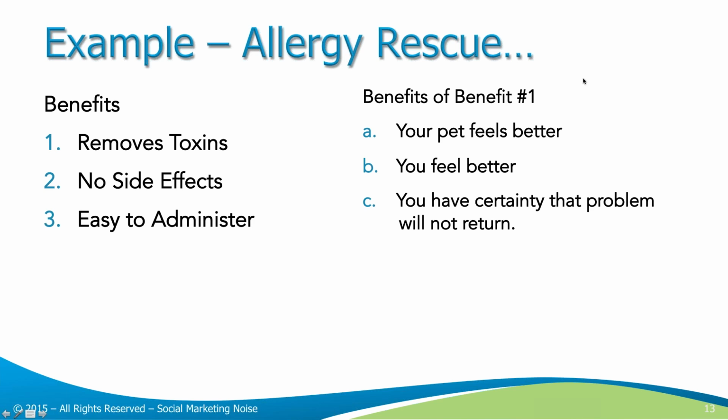These are all three benefits of the benefit of number one. And these are the things a pet owner cares about. The pet owner doesn't care as much that it removes toxins. They care about what the result of removing the toxins is.